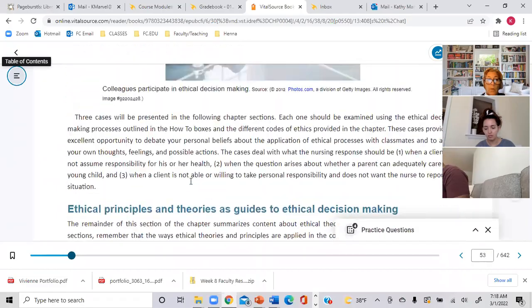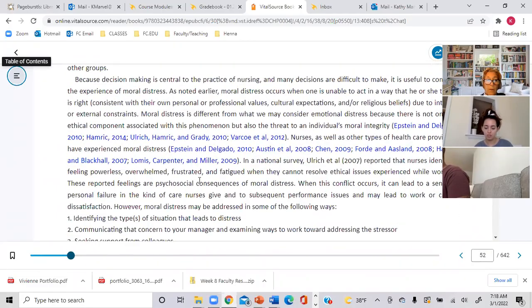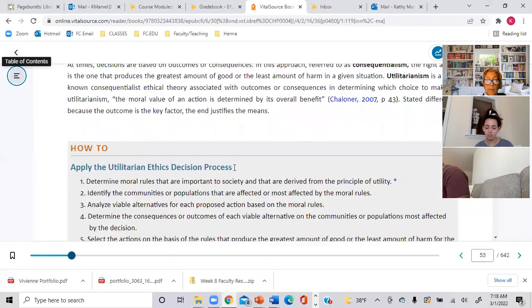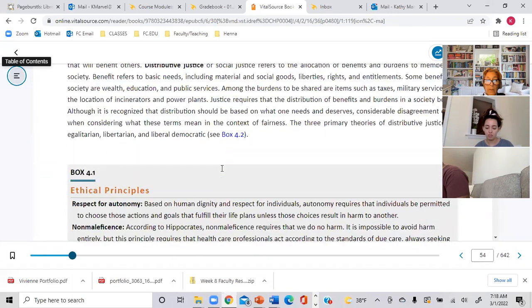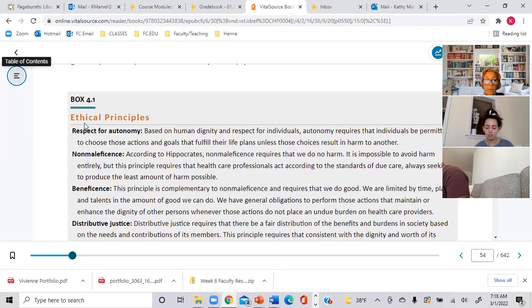I'm sorry, those were the theories, your ethical theories. And then here are your ethical principles that we need to know. Box 4.1.